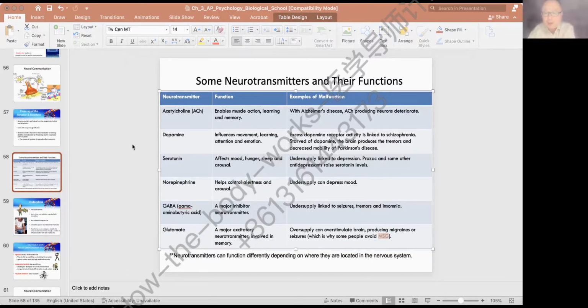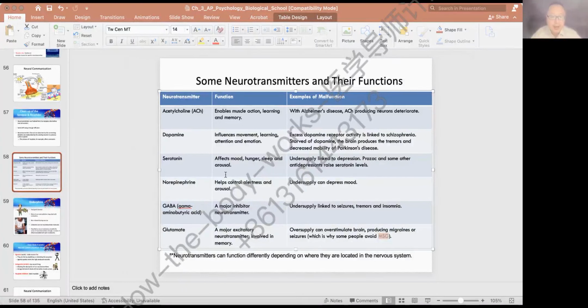I'm not sure, I don't want to mislead you, but I think MSG will excite the brain and then secrete glutamate, and then maybe the person will get some migraine headache.